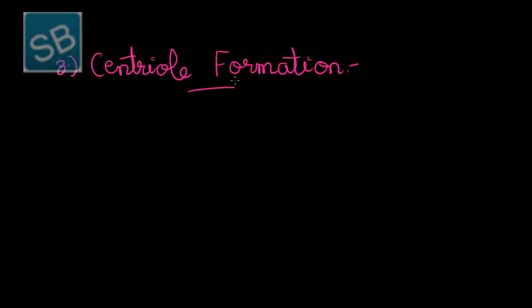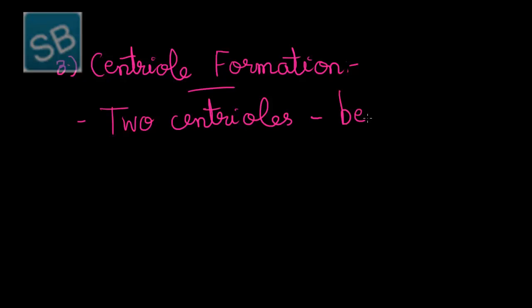After the change in nucleus and the acrosome formation, the final stage that arises is the centriole formation. In this, two centrioles of the spermatid get arranged in such a manner that they appear one behind the other within the nucleus, and so they are formed behind the nucleus.